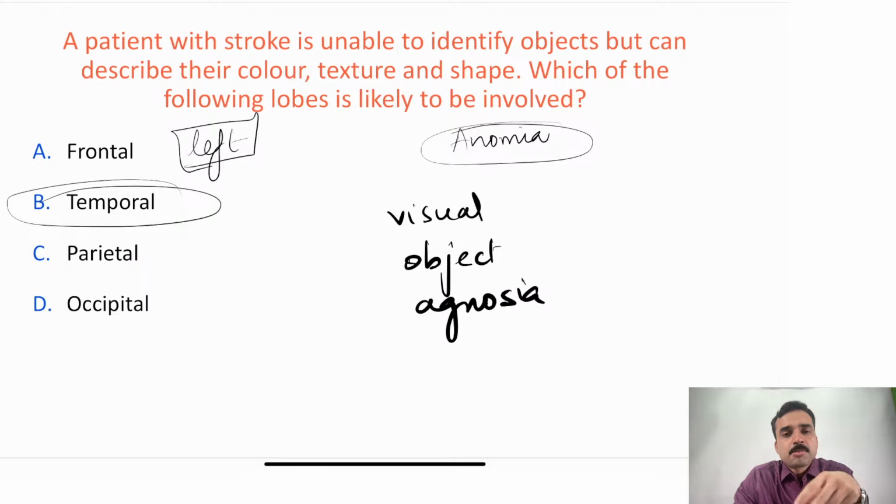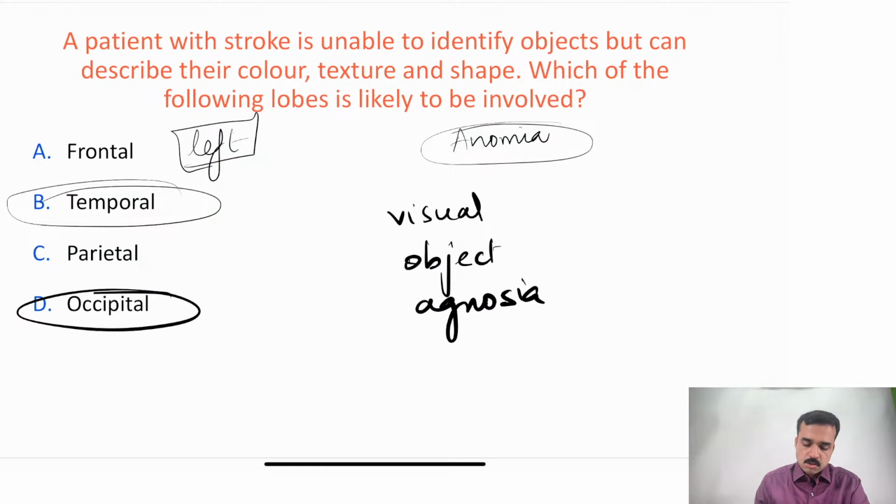If shown a toothbrush, they may think it's a pen, or not even be able to say what it is. Not being able to identify or describe its features would be visual object agnosia, which means the lesion is in the occipital lobe.